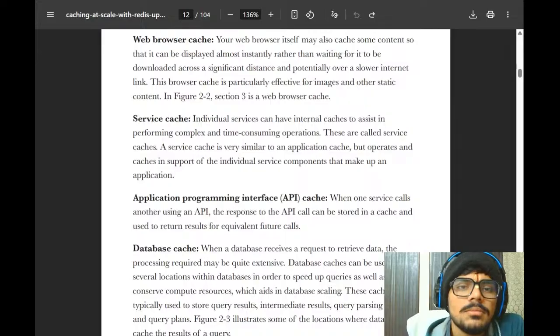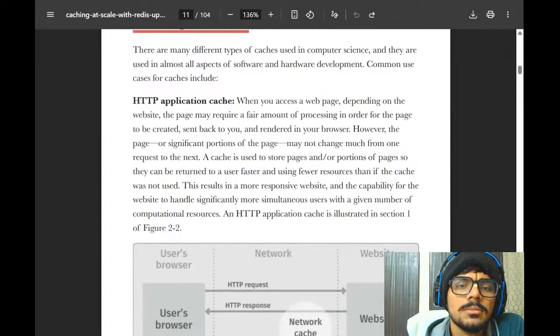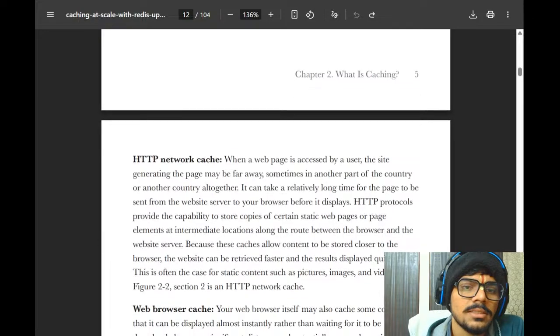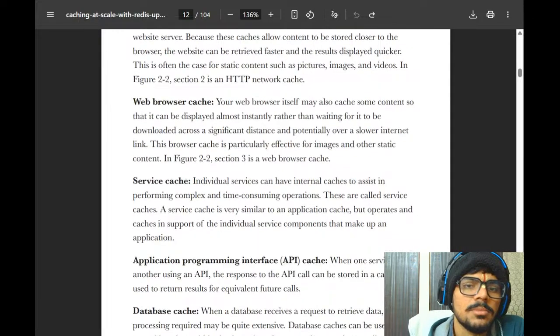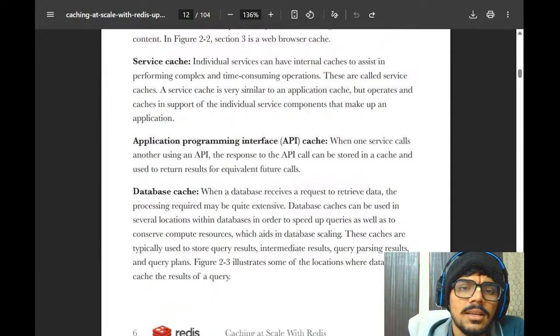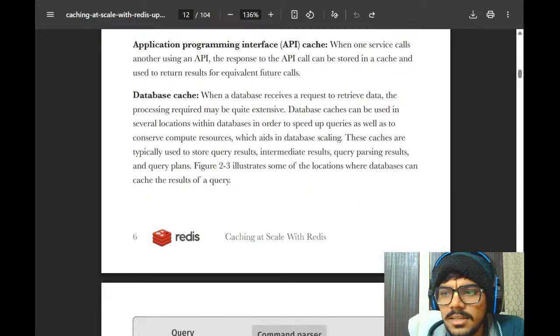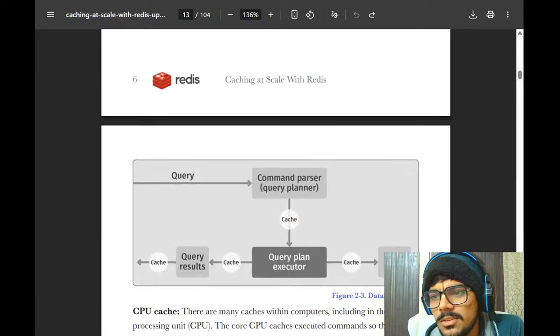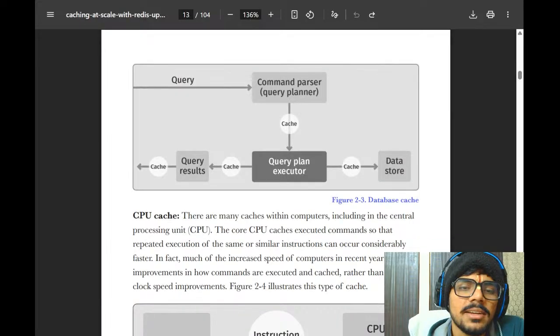Right. There are different kinds of cache memory that you can find. One of them is the HTTP application cache, and the HTTP network cache, web browser cache, service cache, API cache, and database cache. These are some of the most common ones. Even on the whole system, you might find the CPU cache.